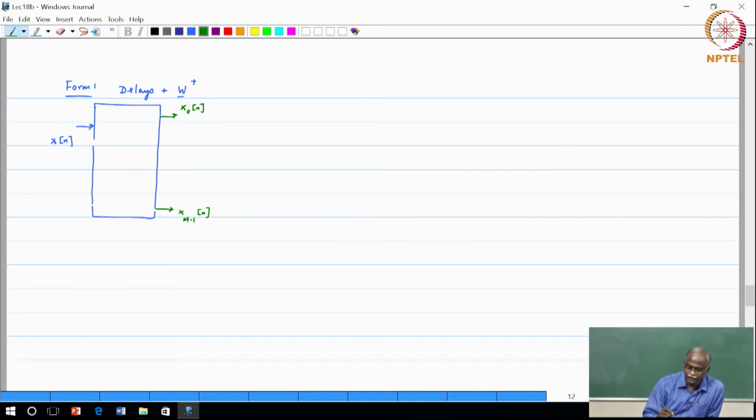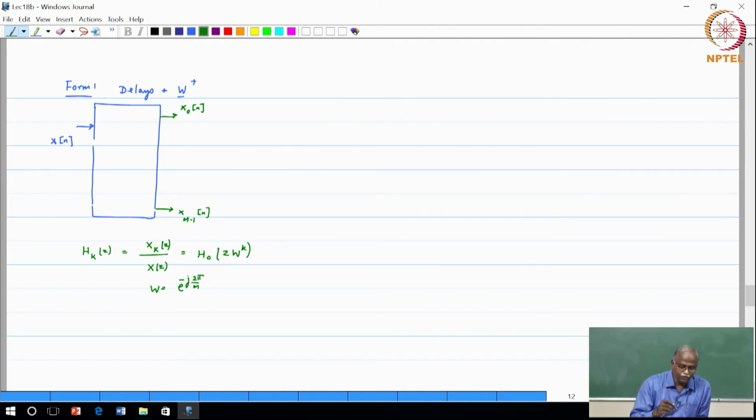The transfer function H_k of z between the input X of z and the output X_k of z is nothing but H_0 of z W^k, where W is W_M equals e to the power minus j 2 pi over M. So this is form 1, which we have studied.